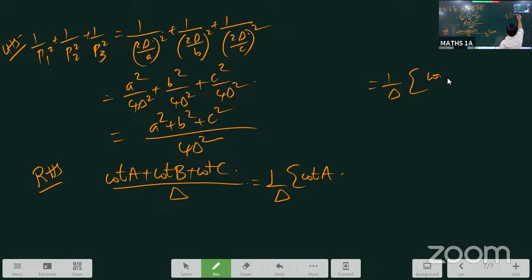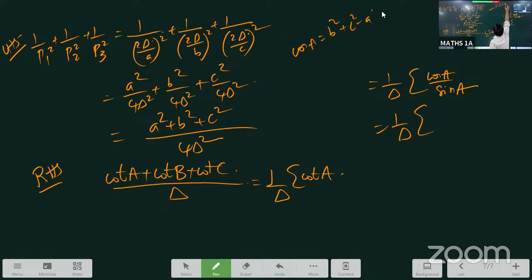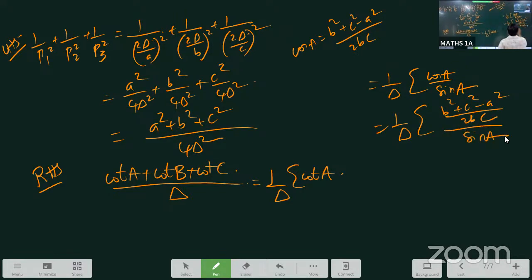Cot A means I will write it as cos A by sin A. Already I derived this. So 1 by delta summation, cos A is nothing but b square plus c square minus a square by 2bc, by sin A. That is 1 by delta as it is of b square plus c square minus a square by 2bc sin A. Correct?